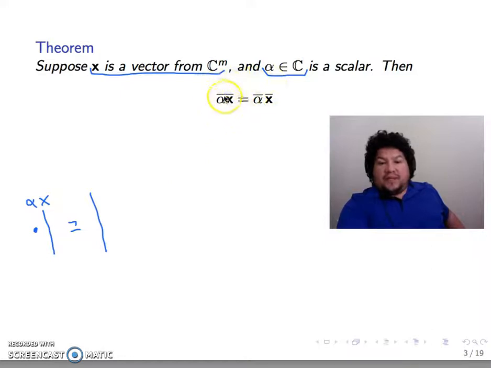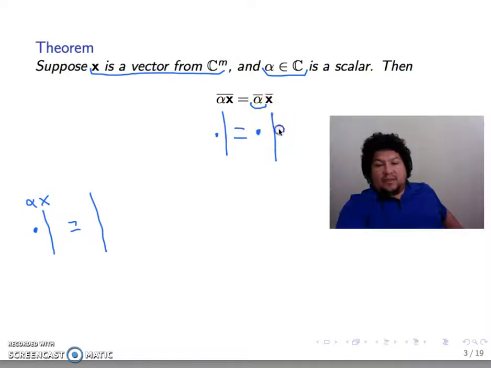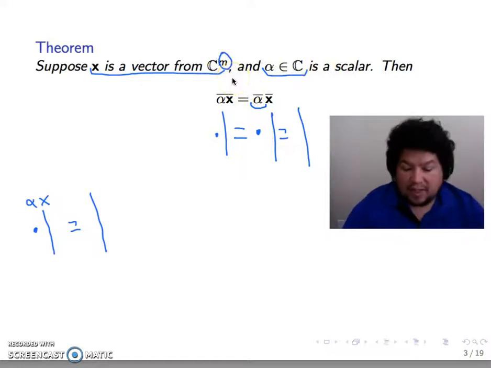If you consider the conjugate of the scalar-vector multiplication alpha x, that is equal to multiplying the conjugate of alpha, which is a scalar, times the conjugate of x, which is a vector. So on the left side you have scalar times column vector, and that is equivalent to the conjugate of alpha times the conjugate of x. These end up being a vector of length m, with m entries.